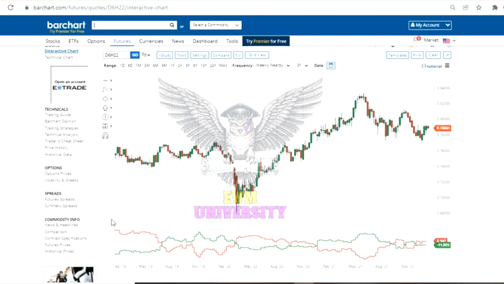So now let's take a look at the commitment of traders report, and let's read it, and let's see what it's actually telling us. So here we have the commercials in red in direct opposition to the large funded traders or the large speculators, right? We see that the commercials are well above the 0 basis line, meaning that they are net long, and this is the most they've been net long up until this point.